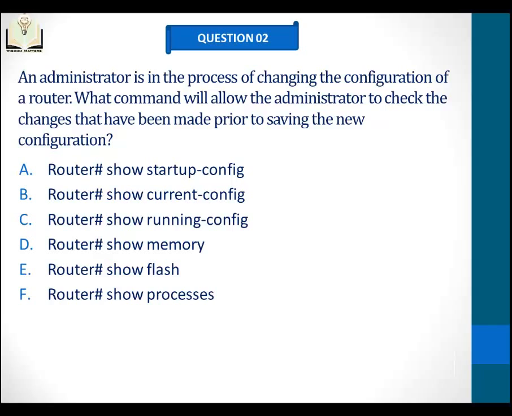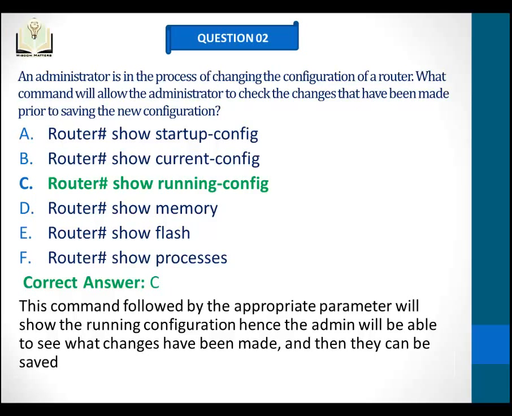D. Show memory. E. Show flash. F. Show process. And the answer is C, show running config. This command followed by the appropriate parameters will show the running configuration, hence the admin will be able to see what changes have been made and then they can be saved.